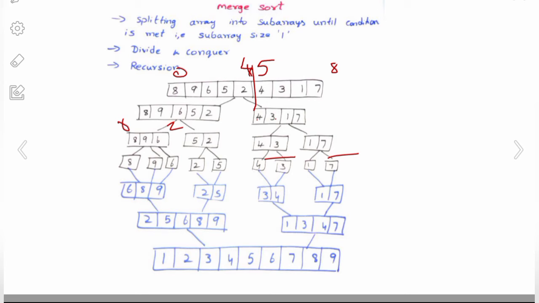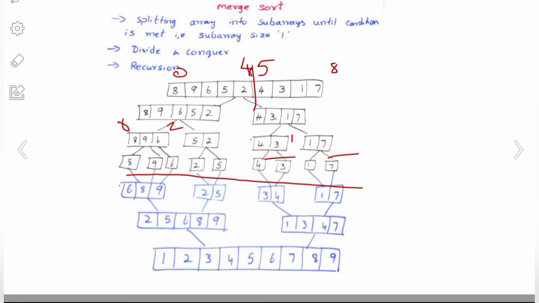Again, on these sub arrays we apply the same formula, middle equals low plus high by 2. What is the lower position here? 0 and 1. So 0 plus 1 by 2. We divide each and every array into two parts. In this manner we apply the same formula on a sub array until we get a sub array of size 1. So this sub array size is 1, right?